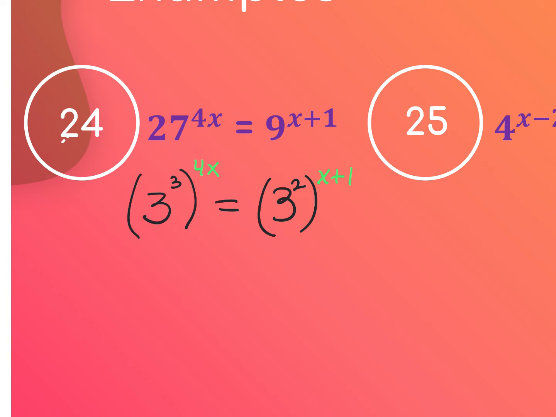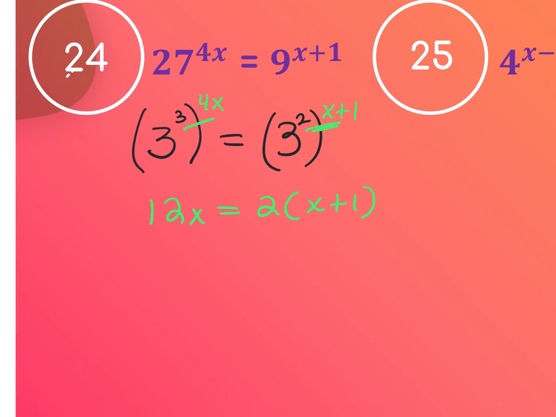Now again, we have to multiply these power to the powers. So I'm going to multiply 3 times 4x. This gives me 12x. And then over here, I have to distribute the 2 to both the x and the 1. So this will become 2x plus 2.